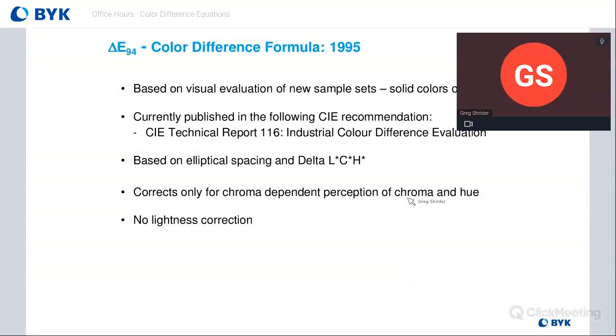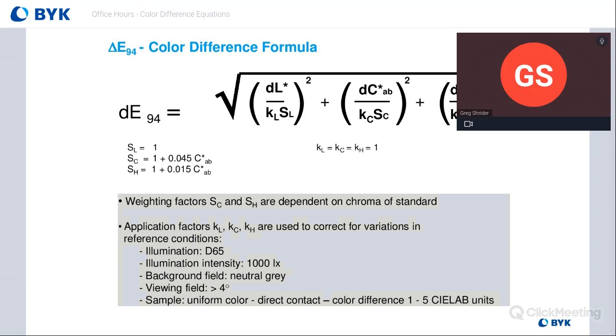Again, this one, all the sets were done with solid colors only, and it is a recognized color tolerance system for the CIE recommendation in the Technical Report 116. Here, the equation starts to get a little bit more complicated, and now you have application factors and weighting factors.